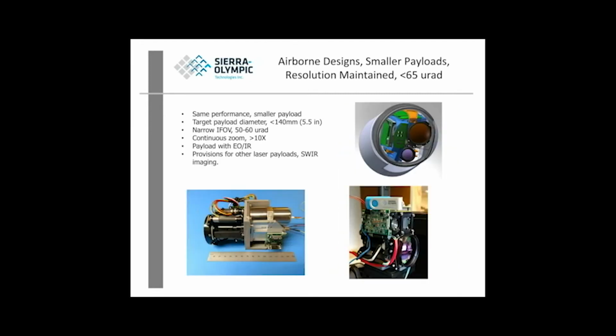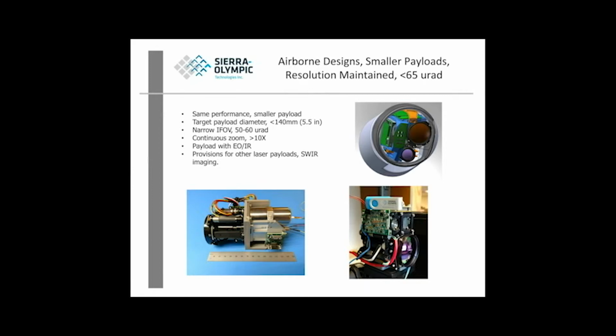And then the other challenge for us nowadays is to achieve smaller payloads, but with the same resolution, say less than 65 milliradians. So some of these examples are sensors that have come through our shop where we think we can get into a 5.5-inch diameter articulated with 4-axis stabilization.